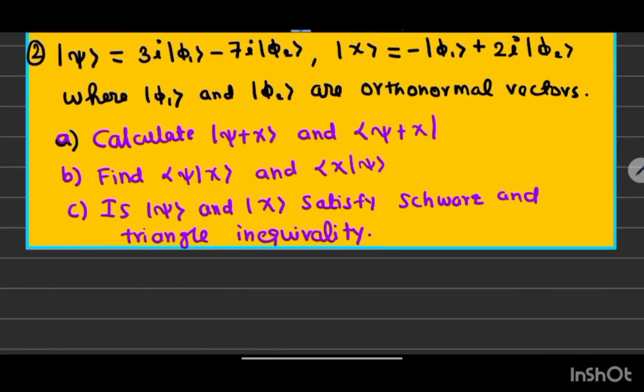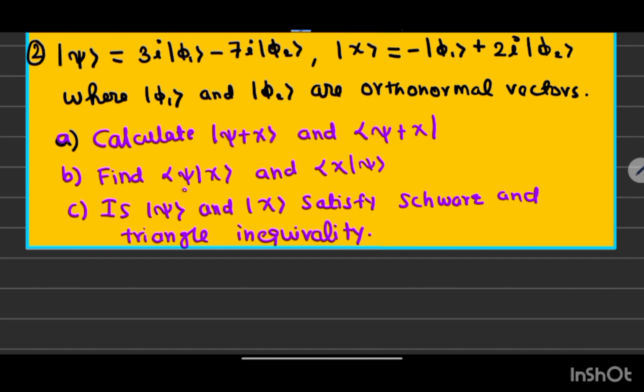In the second problem, two ket vectors are given, ket psi and ket chi, as a linear superposition of two orthonormal vectors phi 1, phi 2. Now we have to calculate the addition of these two vectors in the ket space and in the bra space.